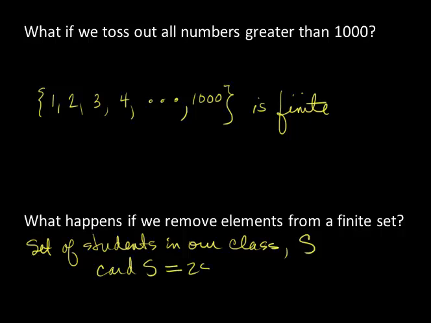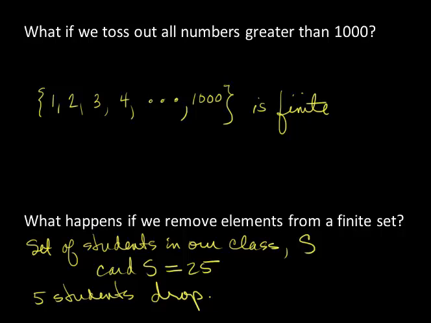It's a finite set. Now let's say that 5 students withdraw, drop the class. Then, of course, the cardinality of the remaining set becomes 20.